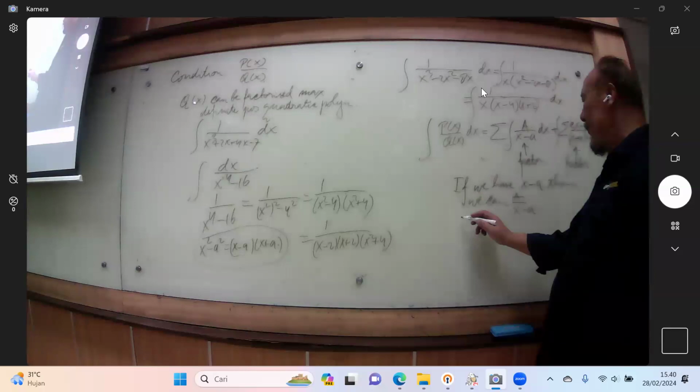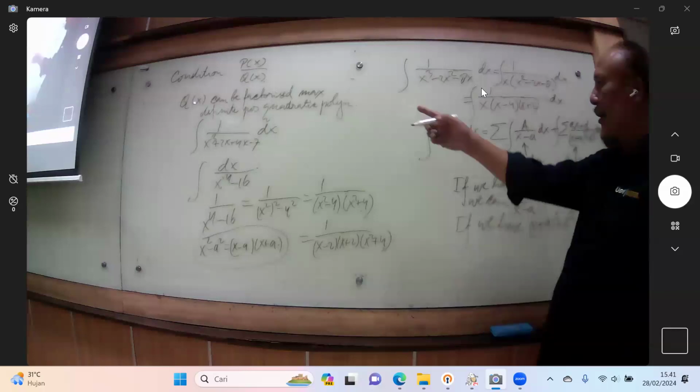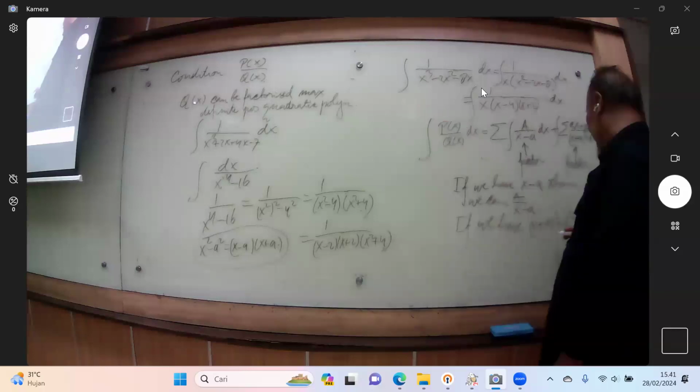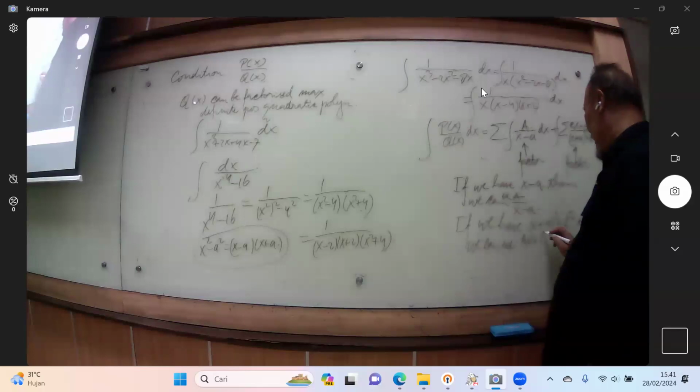If we have (x plus a) squared plus b squared, a positive definite quadratic, then we can use (Ax plus B) divided by ((x plus a) squared plus b squared).